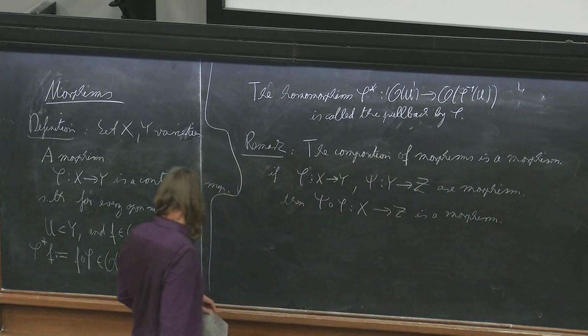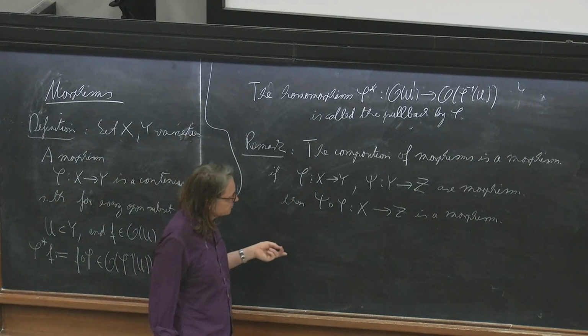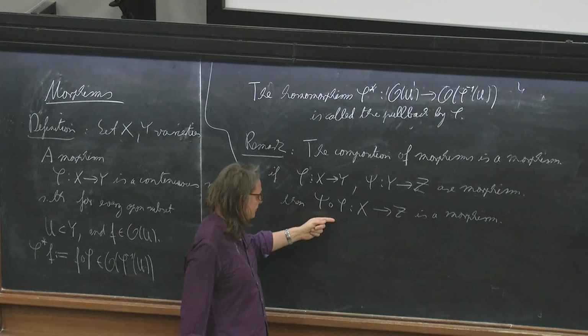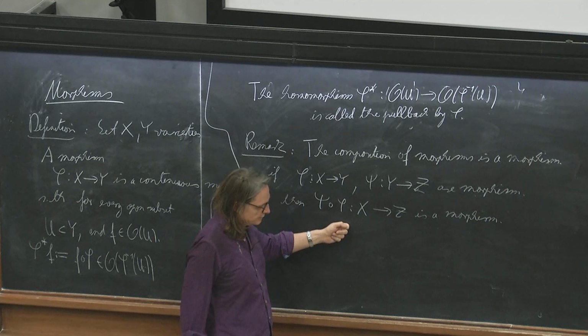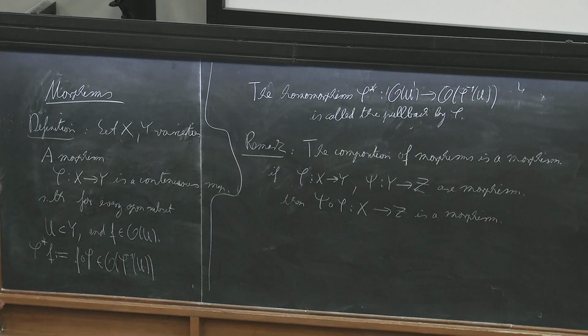This is basically trivial because, first, the composition of psi and phi is continuous as a composition of continuous maps. That's fine.